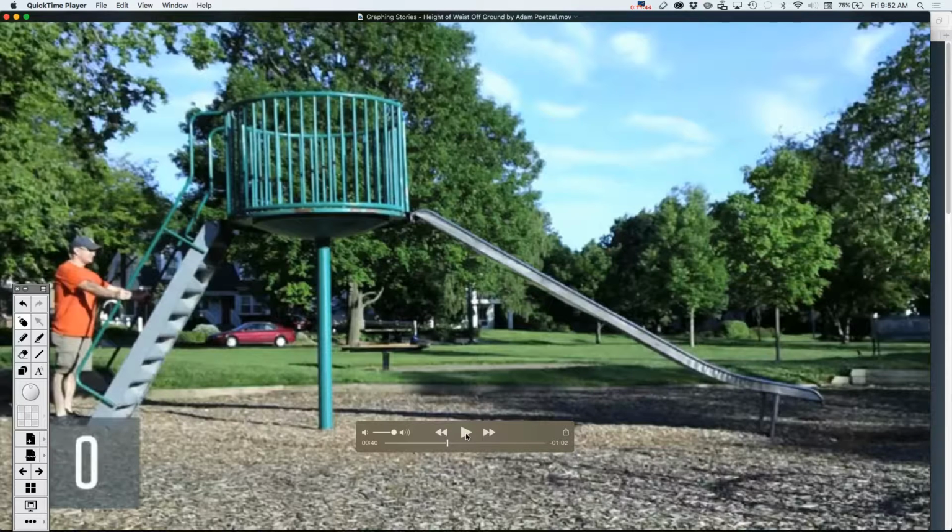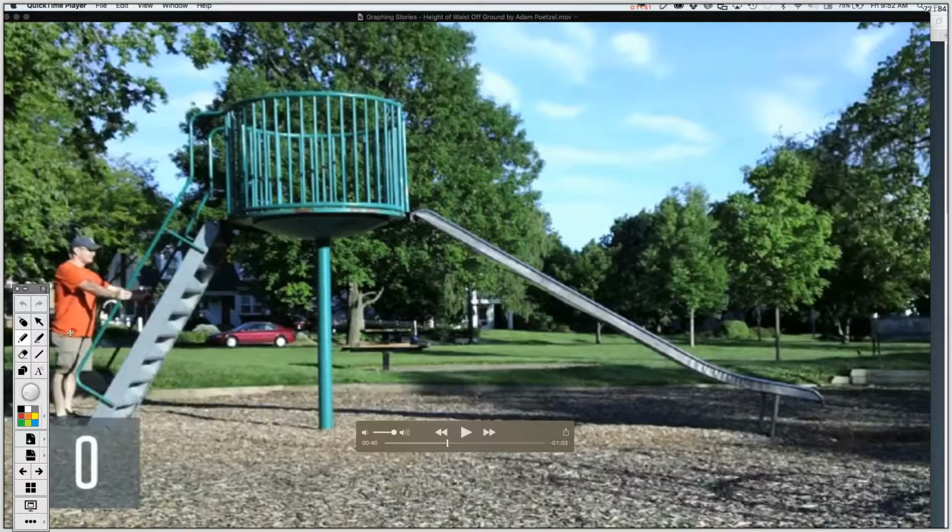So you can say at 0, you want your point at 3 feet, right? So let's try to do something. I'm just going to take a picture of this, but it'll work. So we have the height of his waist there. All right.